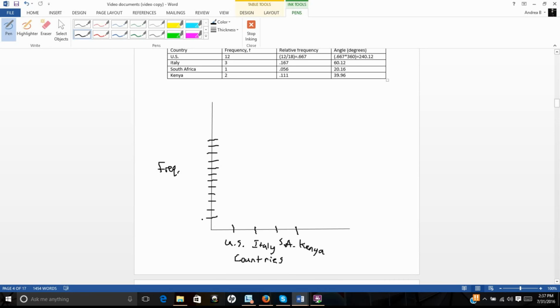And especially if your scale is going up by something other than 1, make sure to label what it is that you're going up by. You don't have to label necessarily all of them, just enough to set up what it is that you're using as a scale, so that anybody reading it can know what each of those little tick marks represent there.